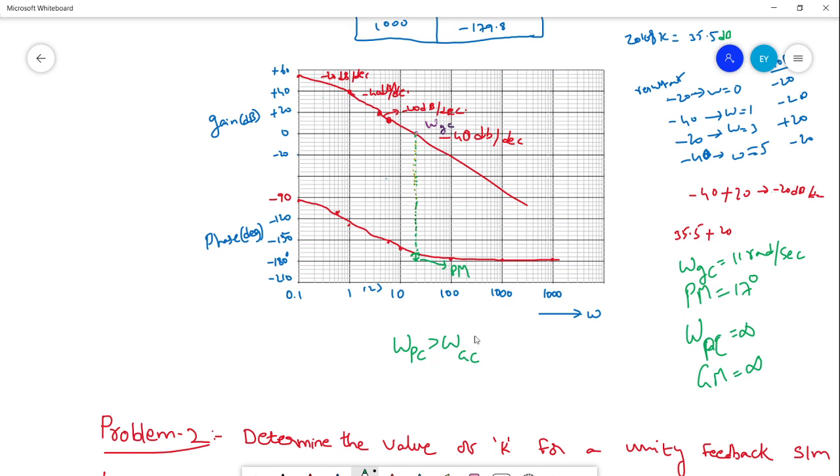The gain crossover frequency we got is 11 radians per second. So in this problem, infinity is greater than 11 radians, isn't it? Therefore, the stability condition is satisfied. So from the system Bode plot, what we can say is the system is stable, right?